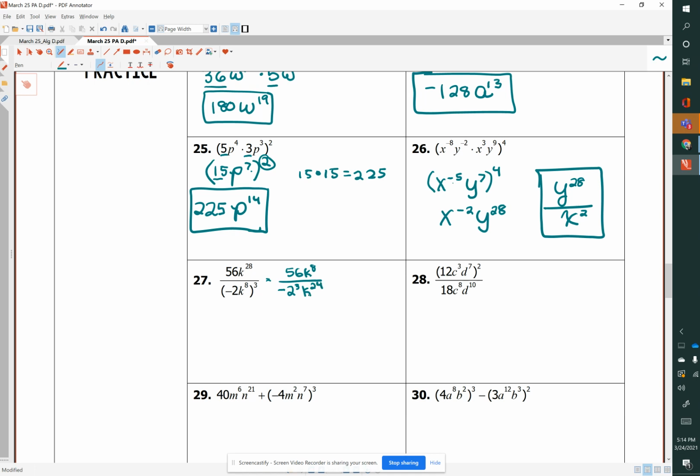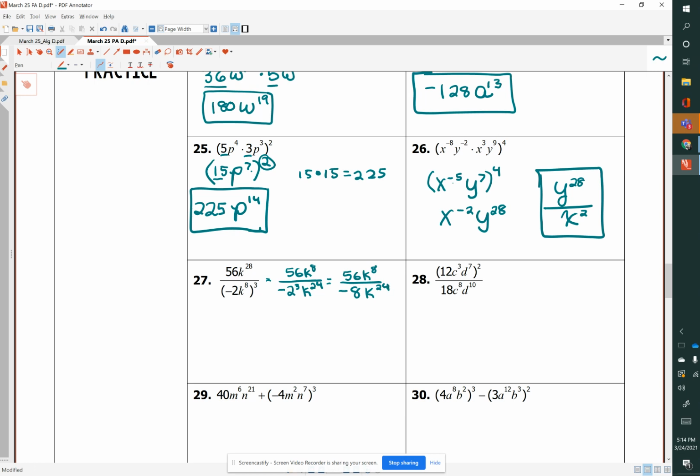So when I evaluate that negative 2 to the third power, 56k to the eighth in the numerator. So negative 2 times negative 2 times negative 2 is negative 8k to the 24th power.